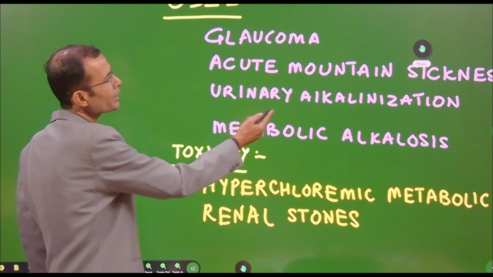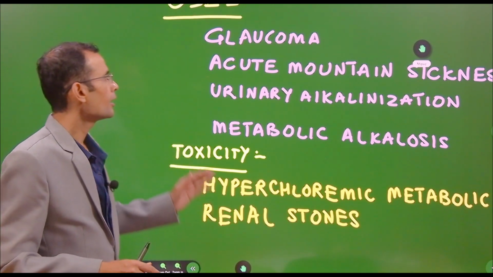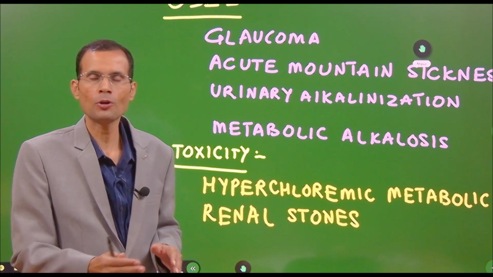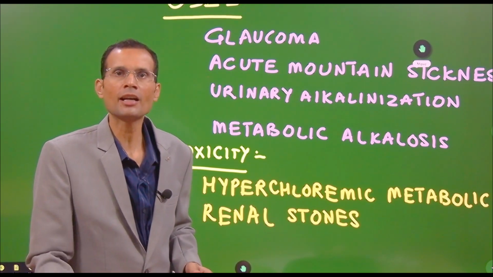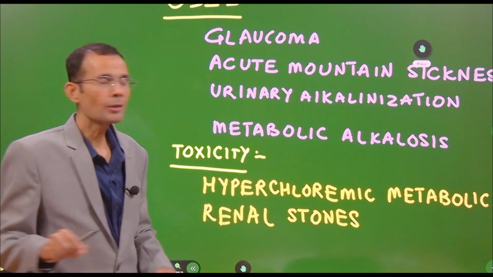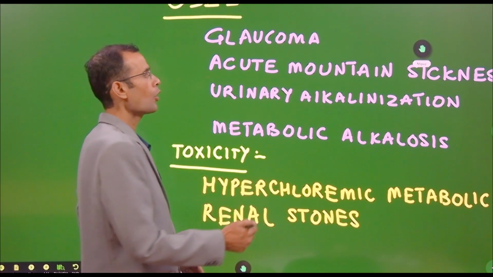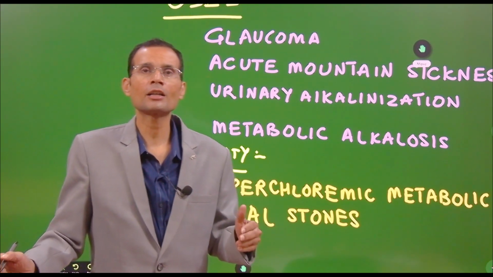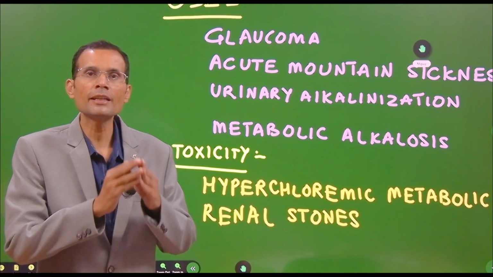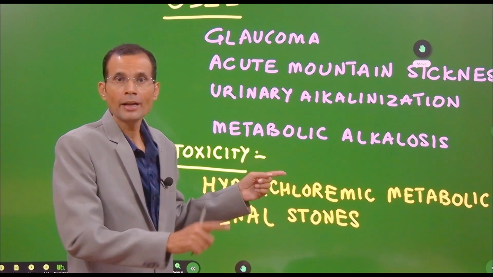Urinary alkalinization, that's quite obvious because bicarbonate is being lost into the urine. So obviously urine will be alkalinized. So whenever that's required, for example metabolic alkalosis, or even respiratory alkalosis for that matter, alkalis need to be excreted into the urine and thereby provide relief.